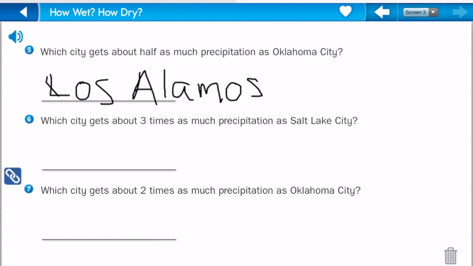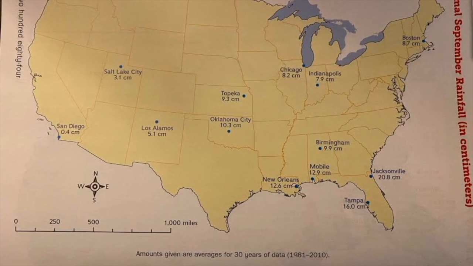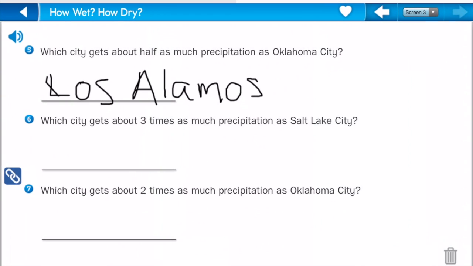Which city gets about 3 times as much precipitation as Salt Lake City? So Salt Lake City gets about 3.1. So 3.1 is really close to 3. So let's see. We know we want 3 times as much, so that tells us we need to multiply. So 3 times 3 is about 9.